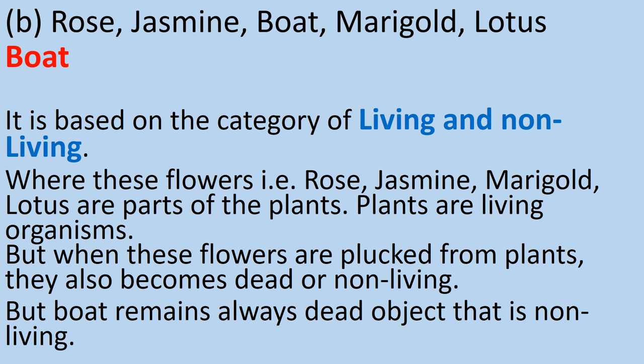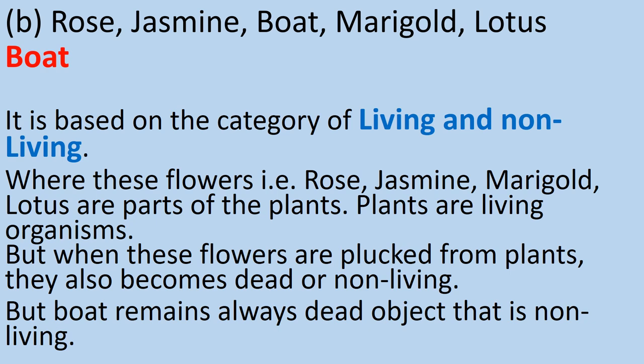B. Rose, jasmine, boat, marigold, lotus. If you again look at all these options, you can very easily point out boat. Dear students, once again, this boat is the odd one out because here the categorization is based on living and non-living things.